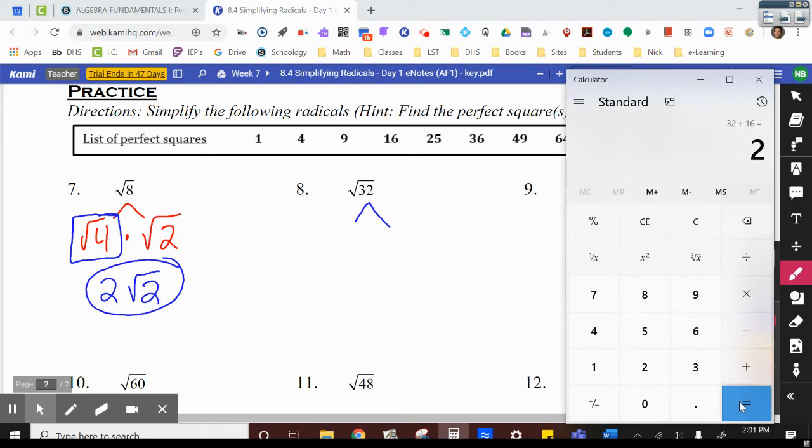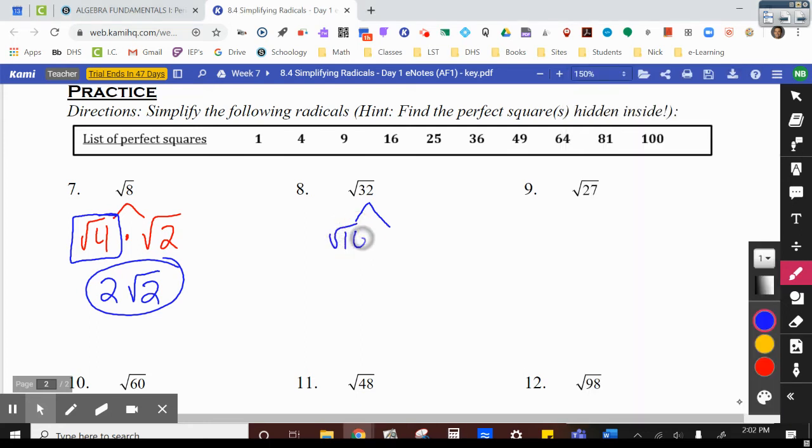So the square root of 32, I really want to break up into the square root of 16 times the square root of 2, because 16 is the largest perfect square factor. The square root of 16 is 4, so you get 4 rad 2.